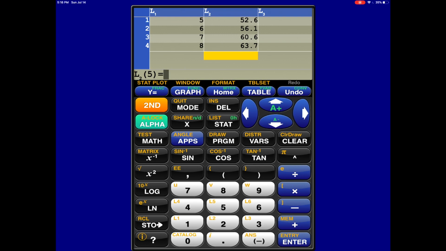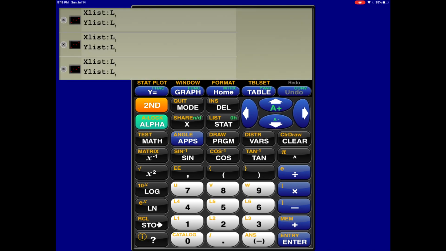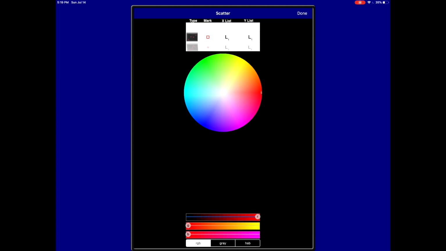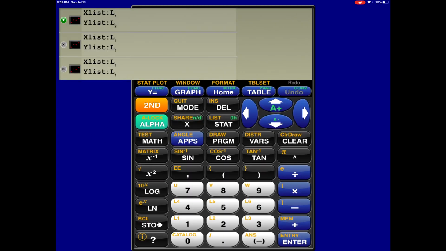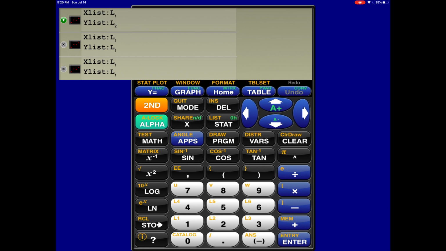All right. So then what you do is you quit out of there, and you want to go to second y equals to turn on our stat plot, list 2. Done. Cool, cool. So if we hit enter, done. Graph.